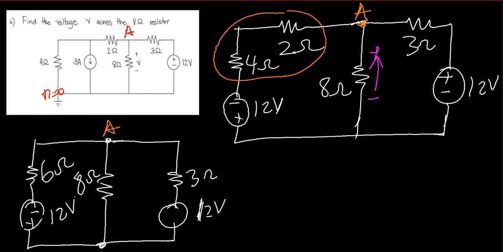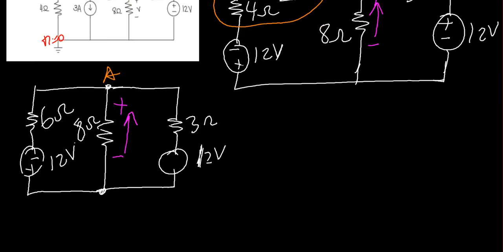We are looking for the voltage across this positive and this one, which is equal to VA. So we have transformed the diagram very well.